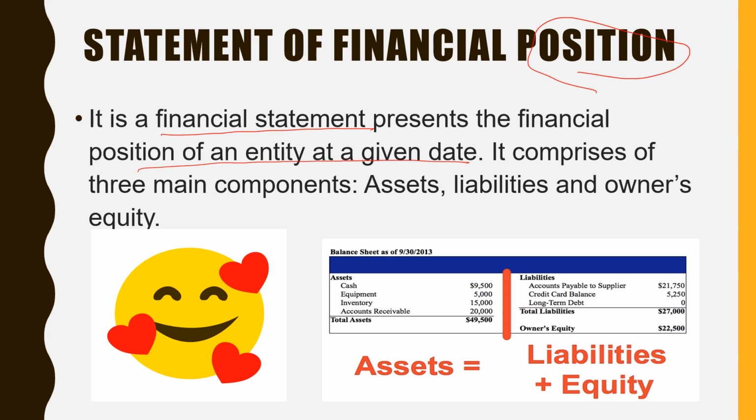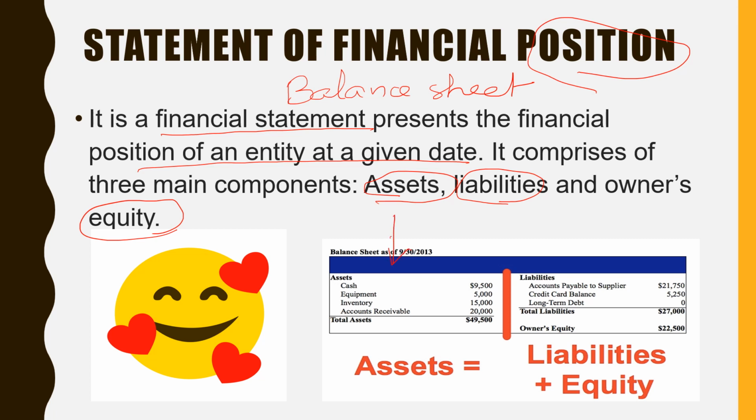It comprises three major components: assets, liabilities, and owner's equity. The other name of the statement of financial position is balance sheet. Balance sheet or statement of financial position, both are the same. In this statement, we will show all the assets and liabilities of a business. So that's the last statement, the statement of financial position.